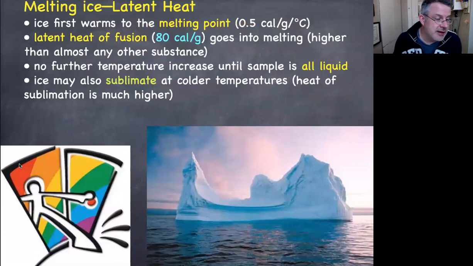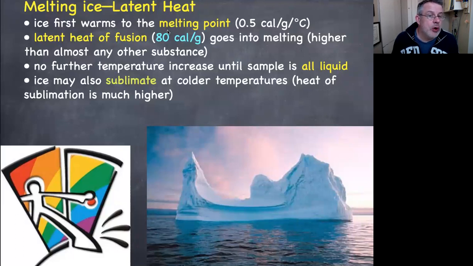Latent heat is the heat that comes out of the closet when you change the phase of water. The one common form you might think of is how much energy it takes to melt ice. There's a latent heat of fusion, which is about 80 calories per gram, that goes into the melting of ice. That's also higher than almost any other substance.